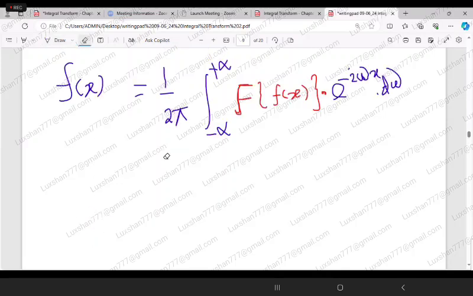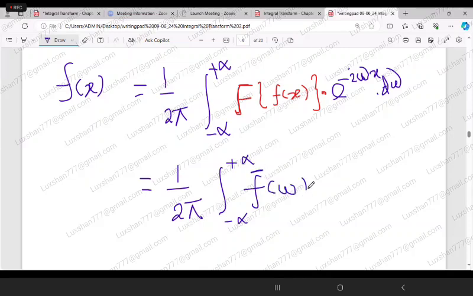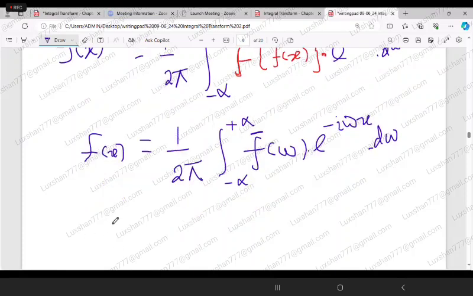If you want, you can write this as 1 over 2 pi, integration from minus infinity to plus infinity, f bar omega e to the power minus i omega x d omega. So when you take this one, it gives f(x). What is this actually?